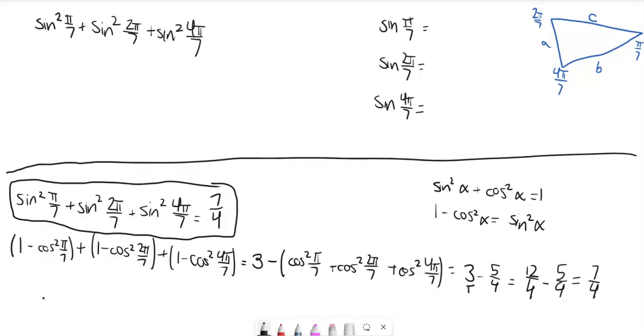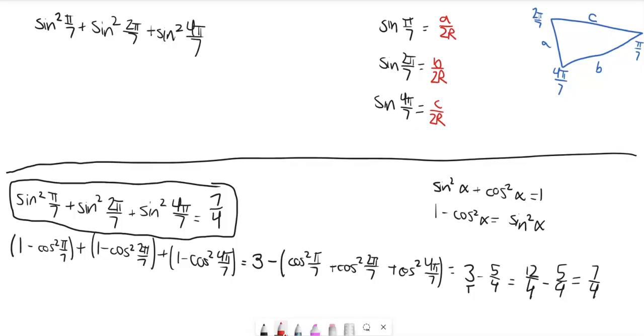Now, let's go back and remember what the sine ratios were for pi over 7, 2 pi over 7, and 4 pi over 7. If you remember, they worked out to be a over 2r, b over 2r, and c over 2r. We had to bring in the circumradius to get a nice set of variable ratios in order to get what we need for all those different sines.